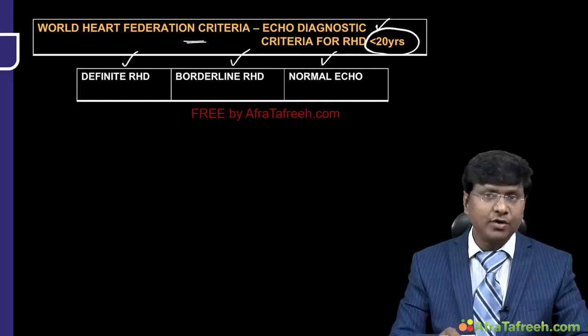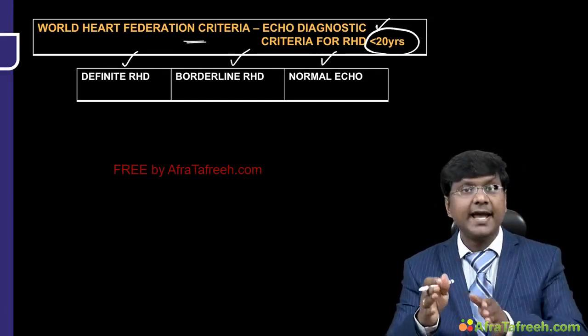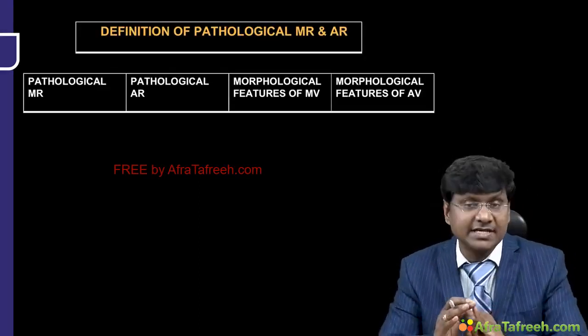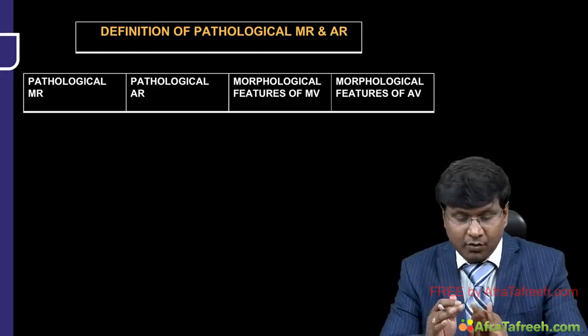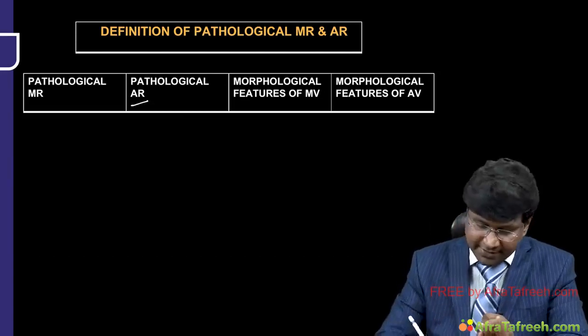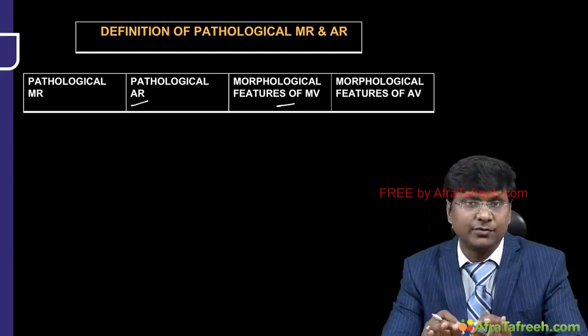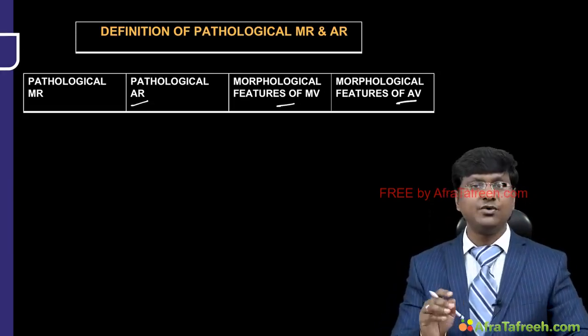Now before classifying it as definite, borderline and normal, you should know what the criteria are to call pathological MR on the echo, what the criteria are to call pathological AR on the echo, then what the morphological features of the mitral valve are in rheumatic heart disease, and what the morphological features of the aortic valve are in rheumatic heart disease.